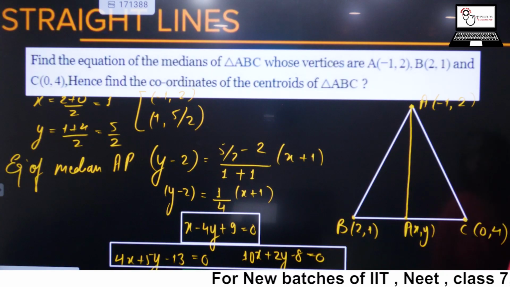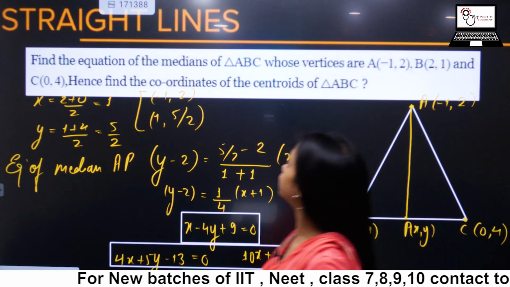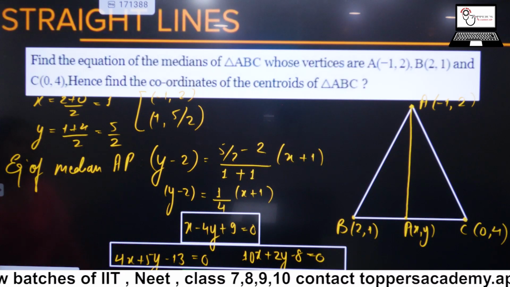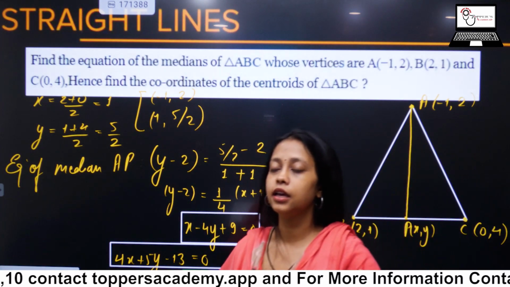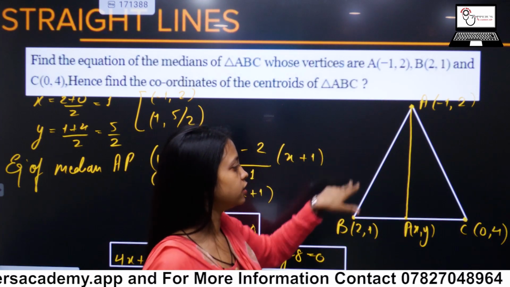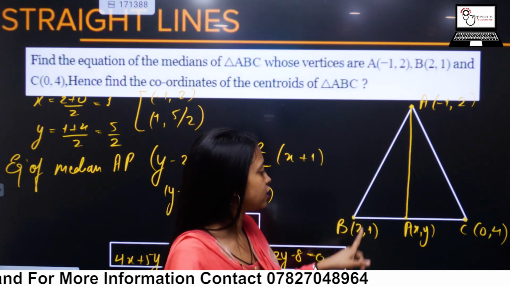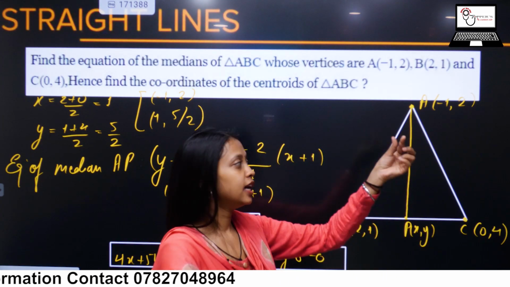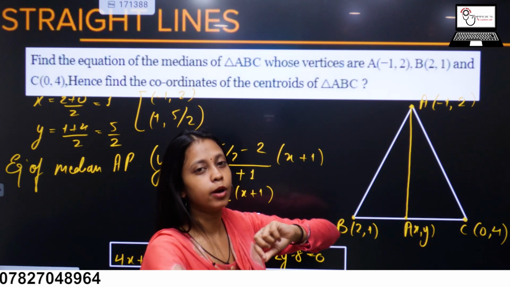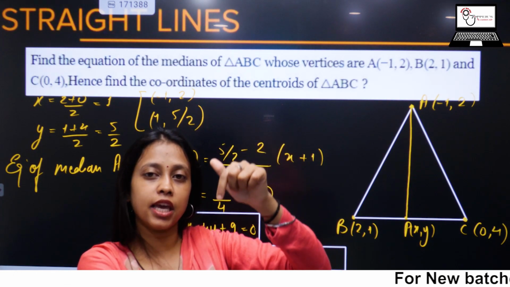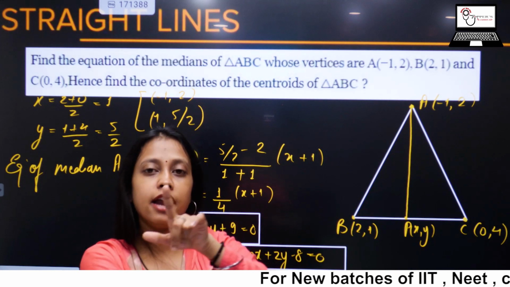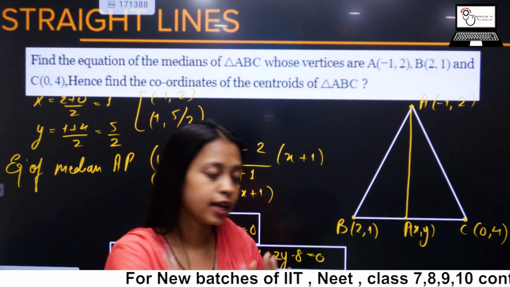Right. Now, they are also saying find the centroid of triangle ABC. I will just tell you the direct formula. If you have 3 vertices x1, y1, x2, y2, x3, y3, then the centroid will be given by x1 plus x2 plus x3 by 3 and y1 plus y2 plus y3 by 3.